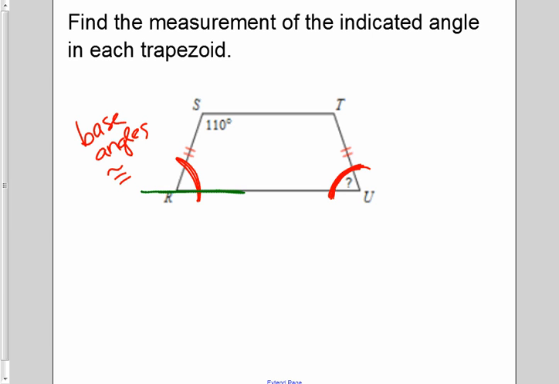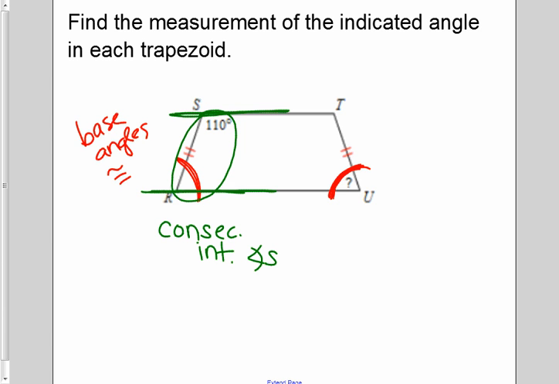These are the parallel lines, and these two form consecutive interior angles, just like that last one. So again, they add up to 180. I can take 180 minus 110, and I find that this angle R right here is 70 degrees. If this is 70 and my base angles are congruent, then this angle over here is also 70 degrees.